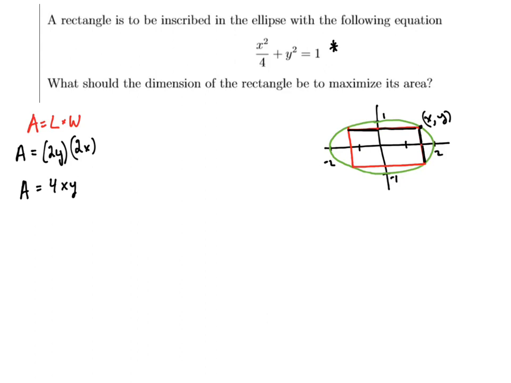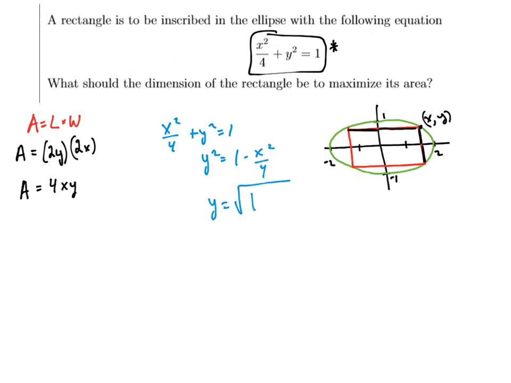Now again, this equation has two variables. We need to get this down to one variable. So I'm going to use the given equation to isolate one of these other variables. So we'll say x squared divided by 4 plus y squared is equal to 1. I'm going to solve this for y. And so y is going to be the square root of 1 minus x squared divided by 4.